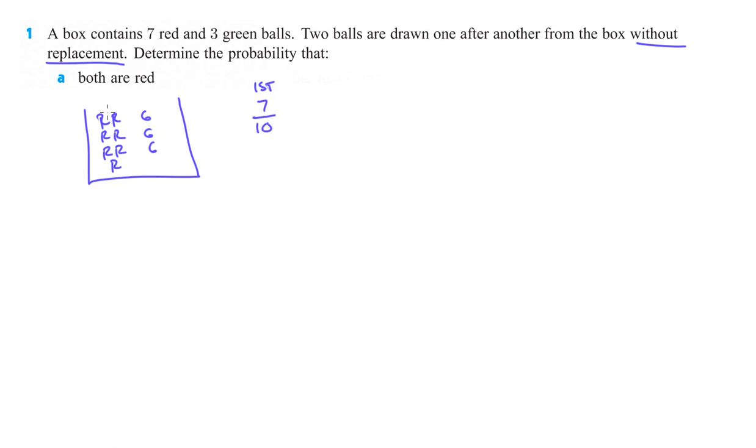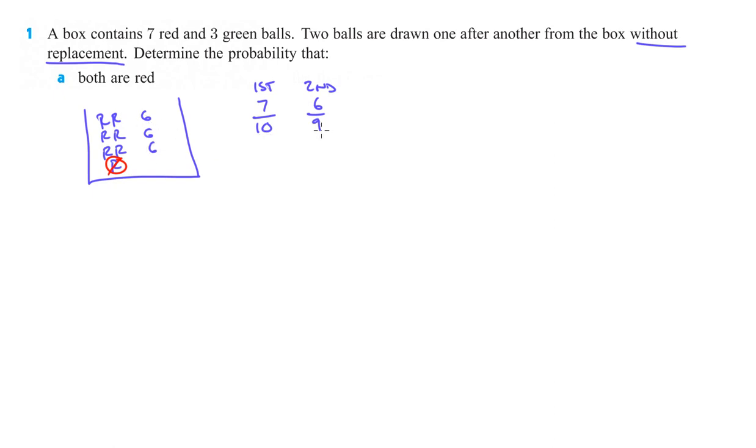Now, since it's without replacement, that means on the first one, we are going to pull one of those red balls out, and it is no longer going to be in there. So that means on the second draw, there's only 6 red balls left out of a total 9 balls left in there.